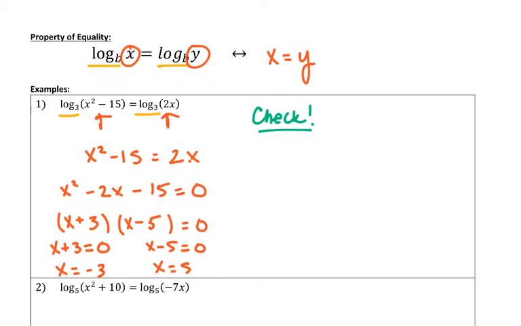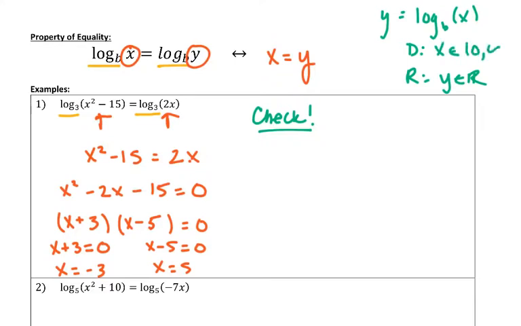Well, you cannot take the log of a negative number, because if you think back to our domain and range when we were doing log base b of x, your range, the y, was an element of all real numbers, but your domain was x is an element from 0 to infinity.